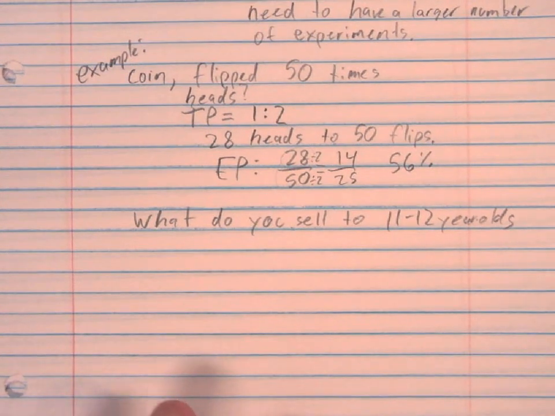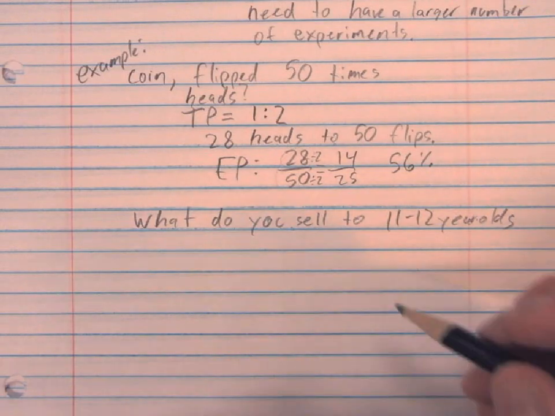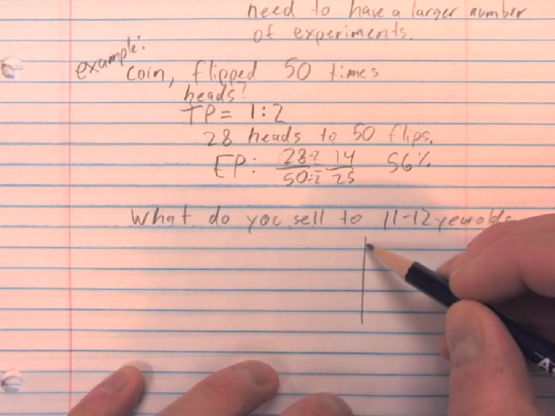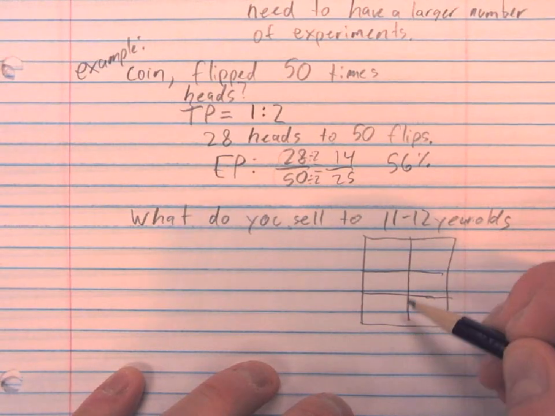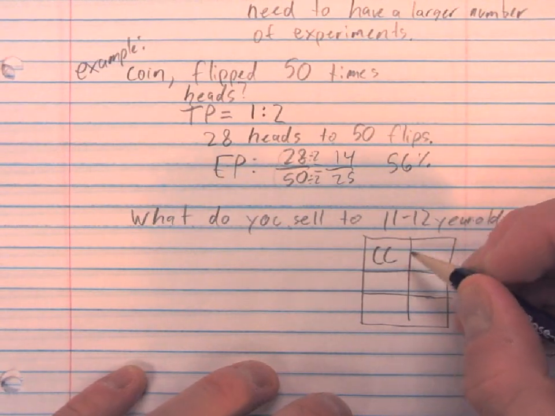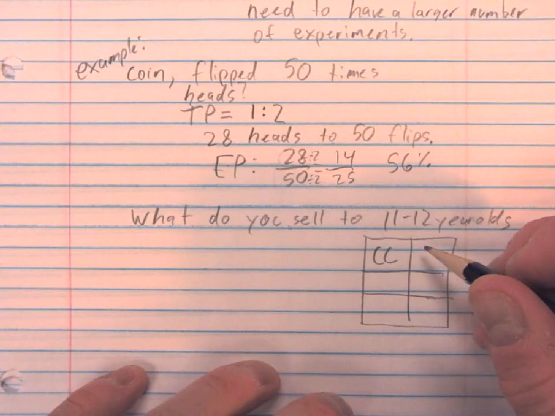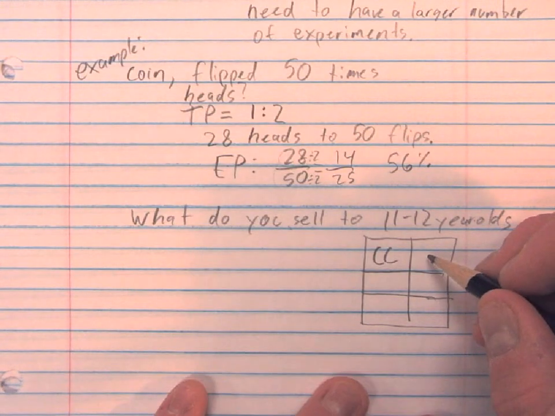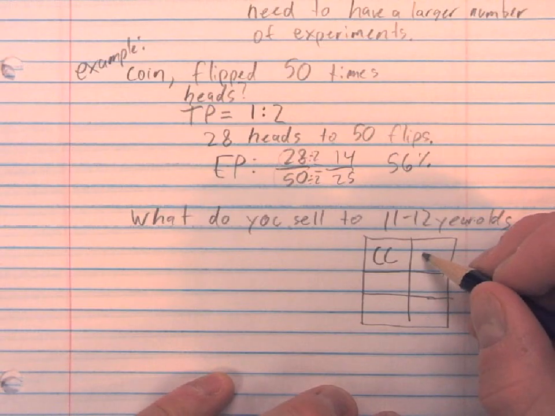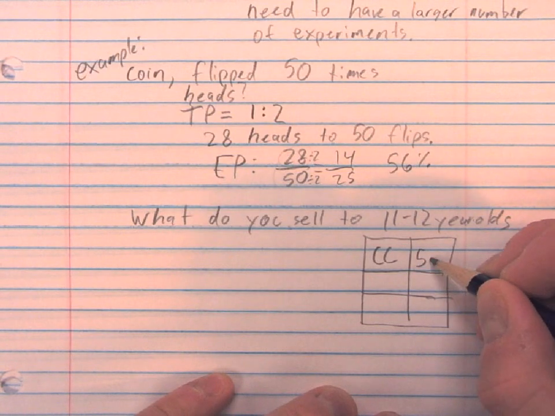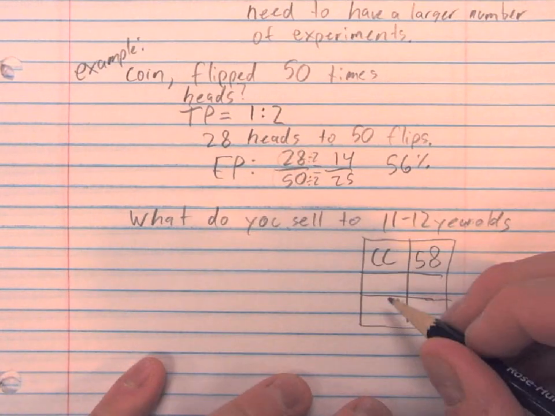And so the baker tells me there's 3 kinds that are purchased. One is the chocolate chip. Out of the last 100 students that he had, 11 and 12-year-olds, he sold 58 chocolate chip cookies.